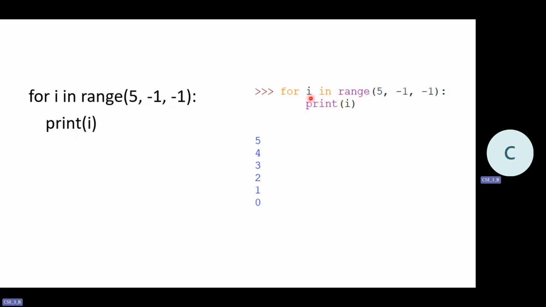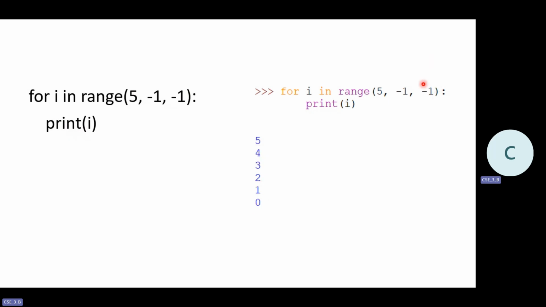For i in range, we can observe the keyword for, then the in keyword, and then in the range 5, -1, -1, it prints i. We started from 5 and have to reach up to -1, so 5, 4, 3, 2, 1 and then 0.